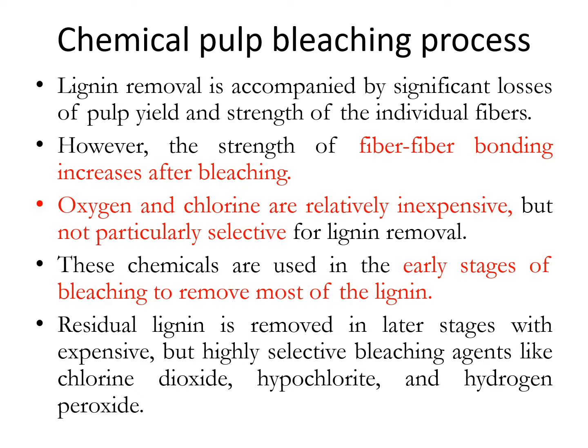Now, the most selective bleaching agents like chlorine dioxide, hypochlorite, hydrogen peroxide are expensive ones. So, the inexpensive ones like oxygen and chlorine are used at early stages of bleaching to remove most of the lignin, though these are not particularly selective for lignin removal.